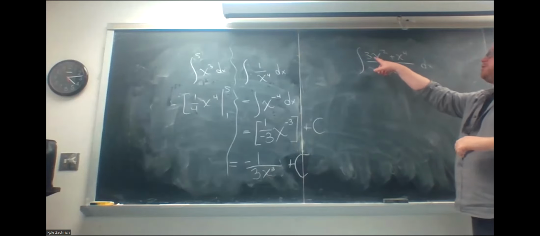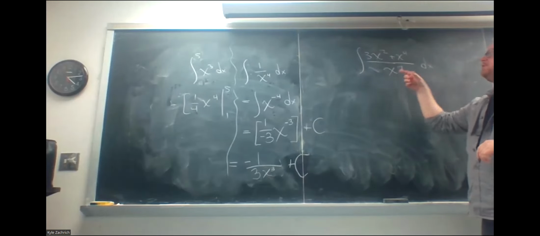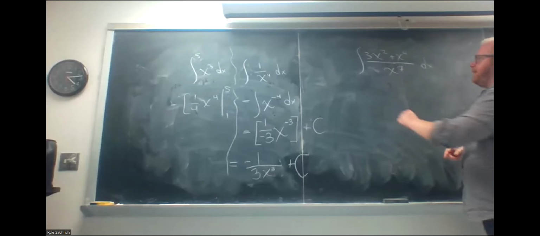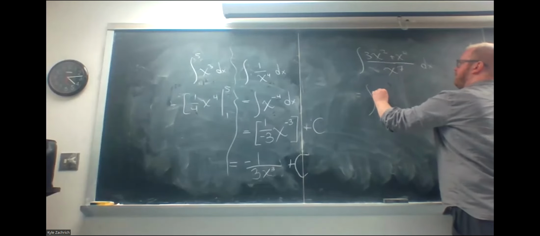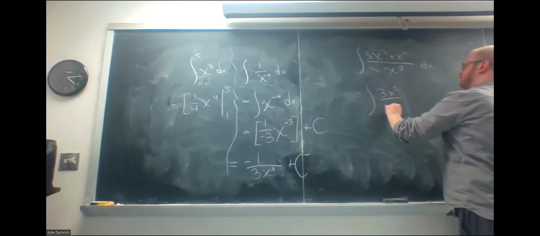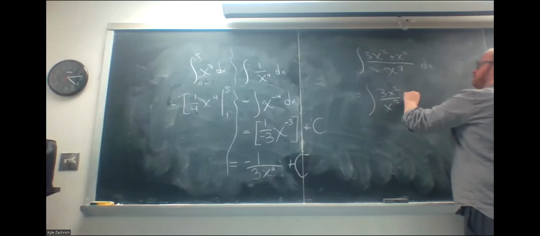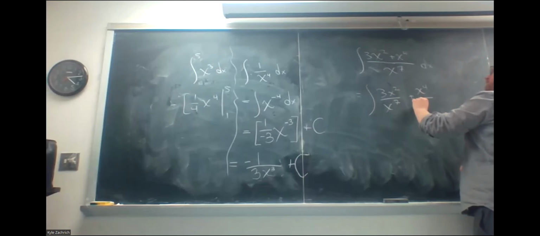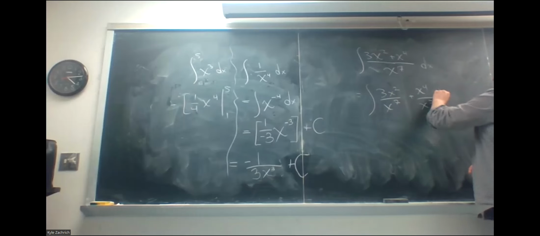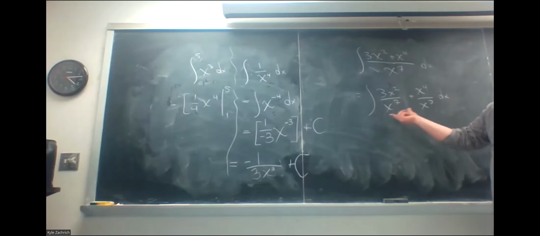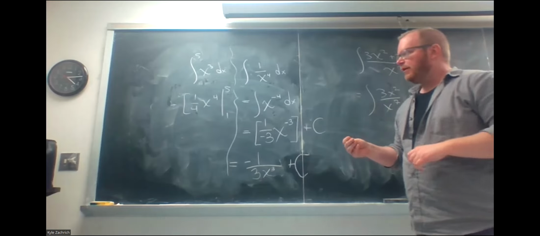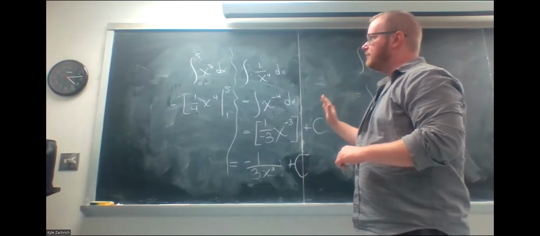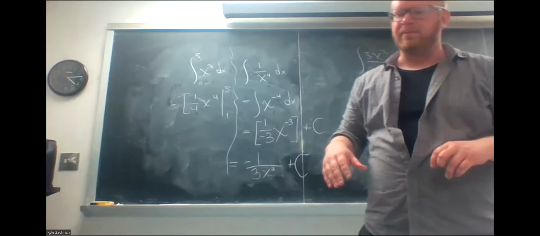This is a situation where you want to split this up into fractions. That way you can just evaluate this integral and then evaluate this integral. Other than doing the substitution rule, that's the basics of integrals.